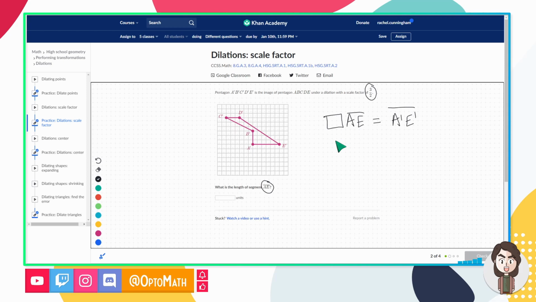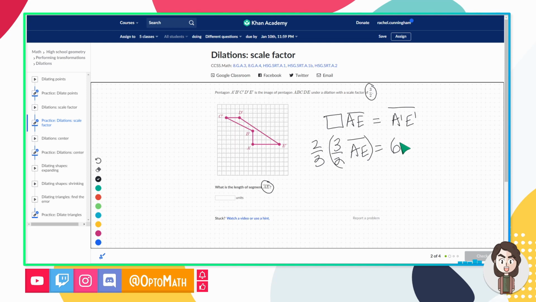And we know what that scale factor is. It's 3/2. We don't know what AE is. And we do know what A prime, E prime is. If we look at our graph, we can count 1, 2, 3, 4, 5, 6. So it's 6 units long. We can solve this like a little equation, and we can either divide both sides by 3/2, or what I would prefer is to multiply by the reciprocal.